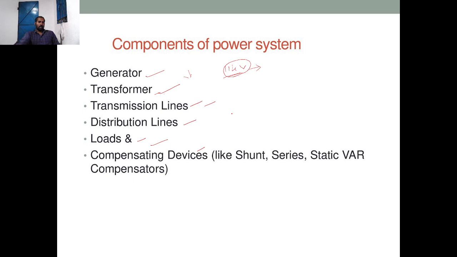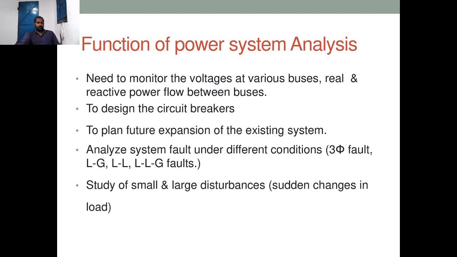So these are all the components. Apart from these listed things, you will have fuses and circuit breakers, everything, in your power system. And the functions of the power system analysis, right?